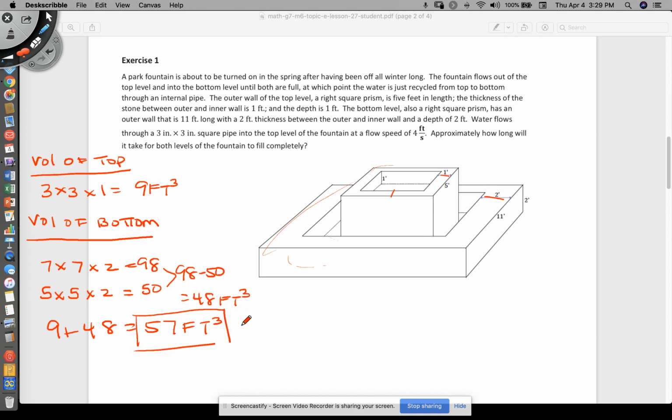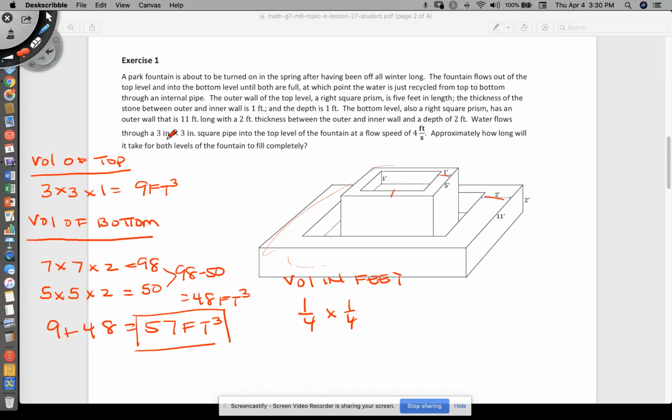All right, now let's talk about volume in feet. And that's because they're using inches here. And we can't have this pipe in terms of inches if we're filling up in cubic feet. So 3 inches is 1/4 of a foot. So we're going to say 1/4 times 1/4.